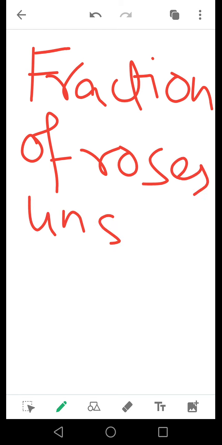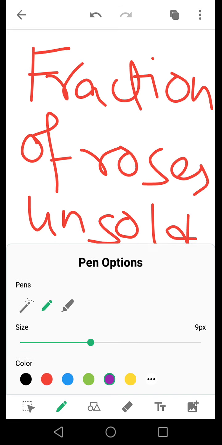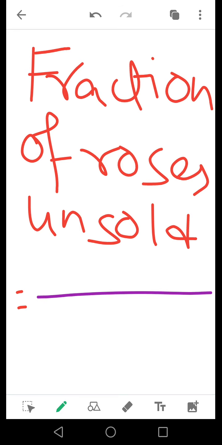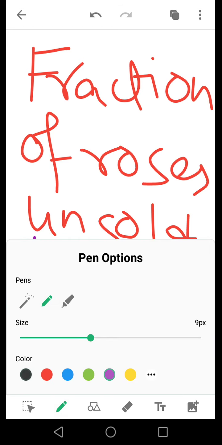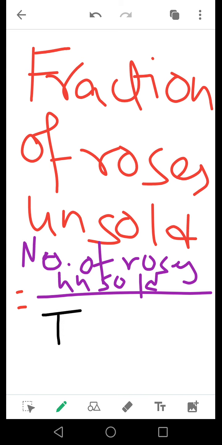Now fraction of roses unsold, how will you calculate that? You see that you need a formula. See that I am writing in purple the numerator part, and I'll write in black the denominator part. So number of roses unsold, and in the denominator part I'll write total number of roses.